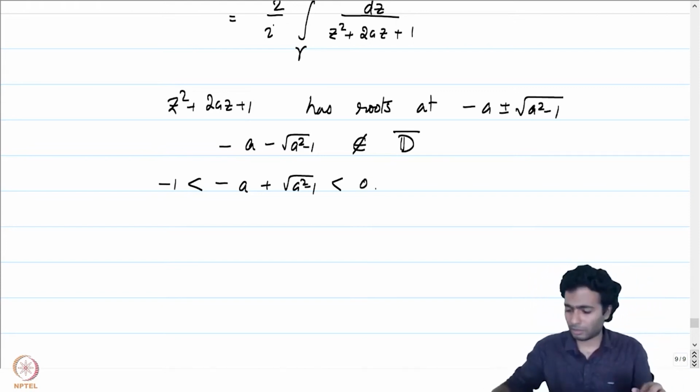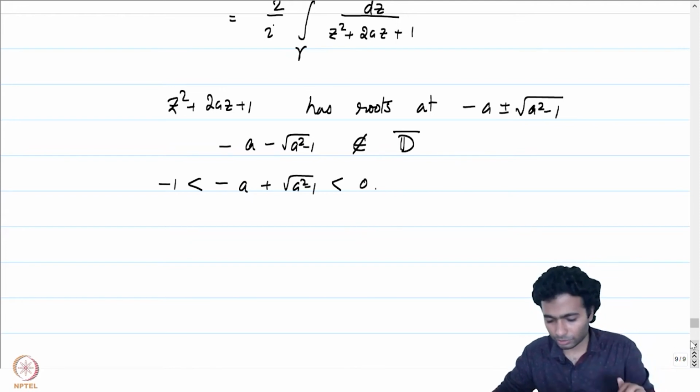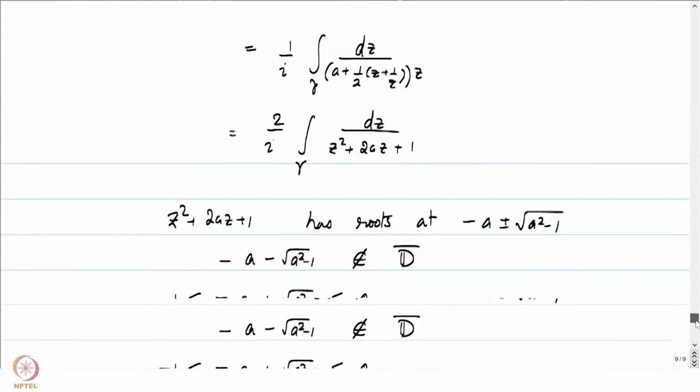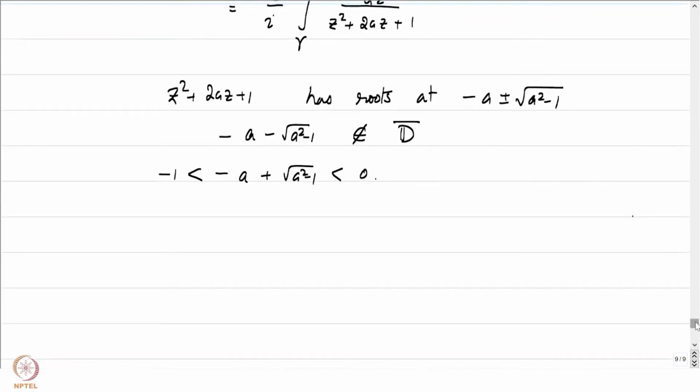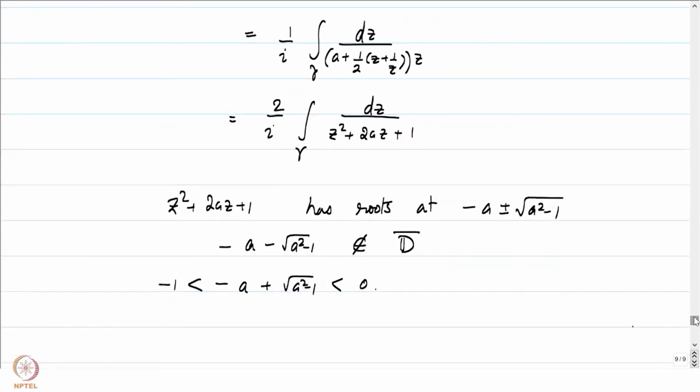Simple checks will tell you that this is what is going to happen. So now if you look at the function 1 by z square plus 2az plus 1, this is a meromorphic function with singularities at minus a plus square root of a square minus 1 and minus a minus square root of a square minus 1, and it is analytic in C minus 0.